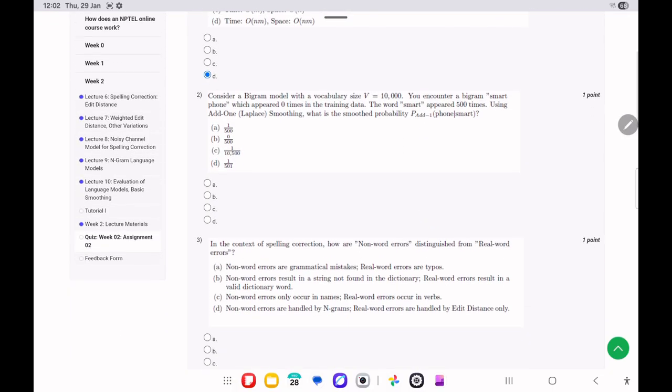The second one, consider a bigram model. The vocabulary size is given. You encounter a bigram of smartphone which appeared 0 times, and the word smart appears 500 times.